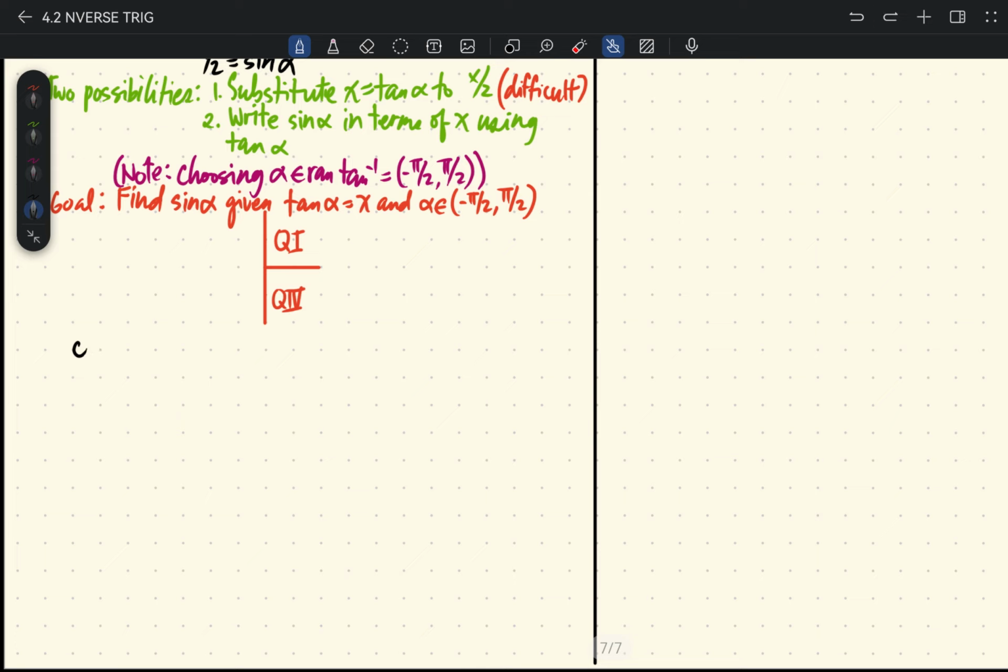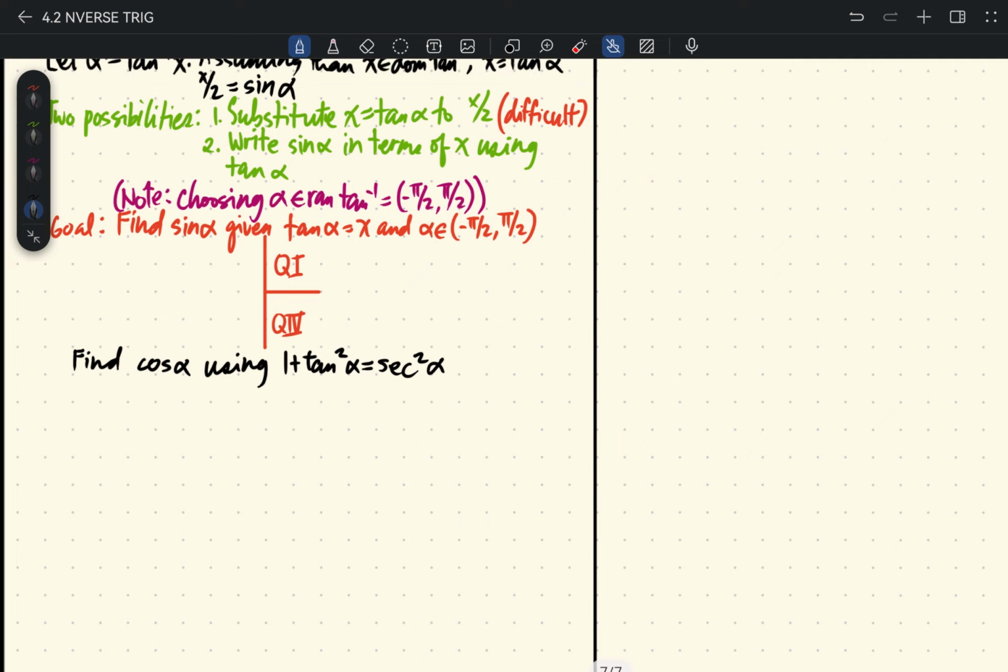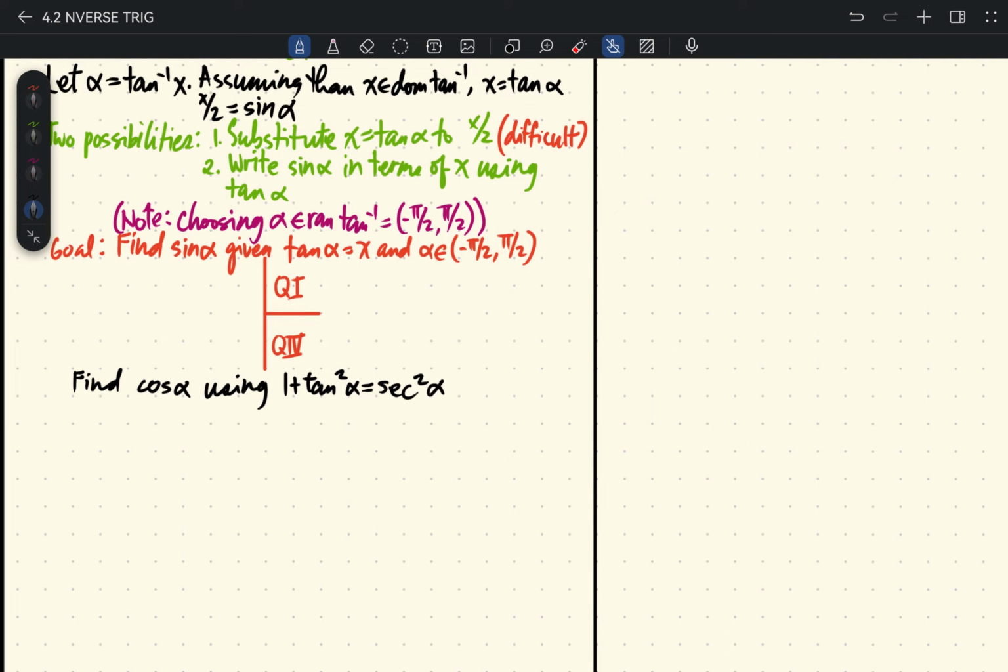So what we'll do is first look for cosine alpha. First, find cosine alpha using 1 plus tangent squared alpha equals secant squared alpha. So what we know is that tangent alpha equals x. So 1 plus x squared equals secant squared alpha. Then obtaining the square root of both sides, we have the square root of 1 plus x squared equals secant alpha plus minus.